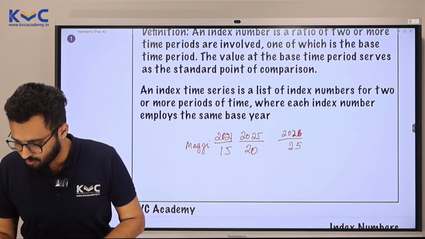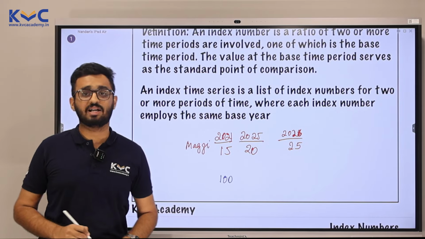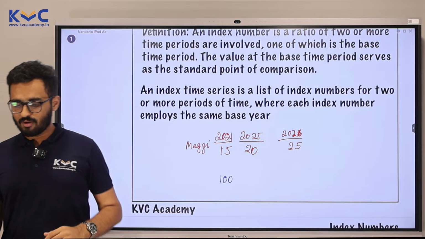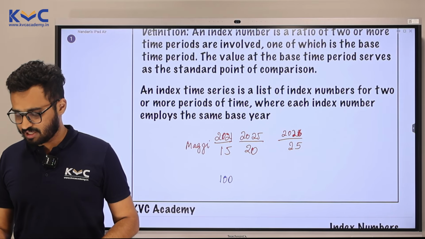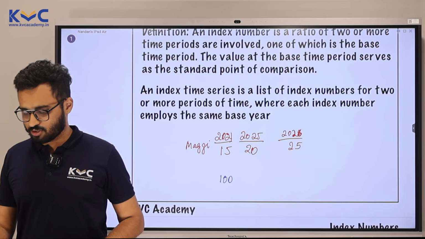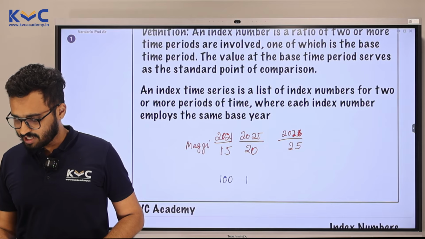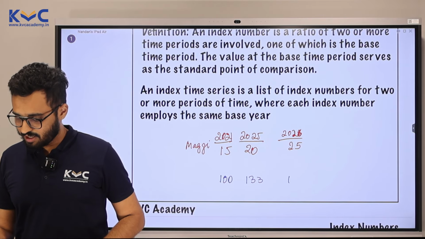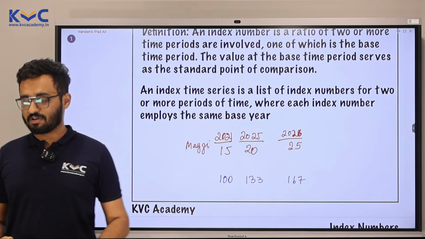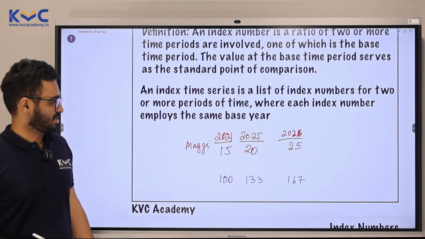Instead, what if I tell you, let's say the price in 2021 is assumed to be 100. Now, 15 to 20 as a percentage will be what? 33% increase. So, to 100 I'll add that 33. Now, I'll say this has become 133 and this I'll say has become 167. Now, do you see it becomes a little easier for you to do the comparison, no?